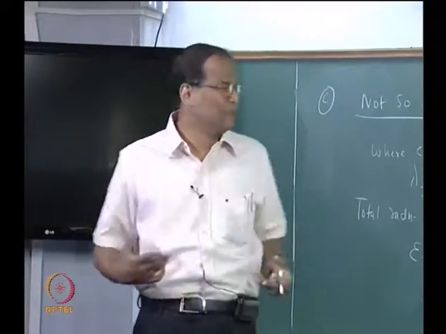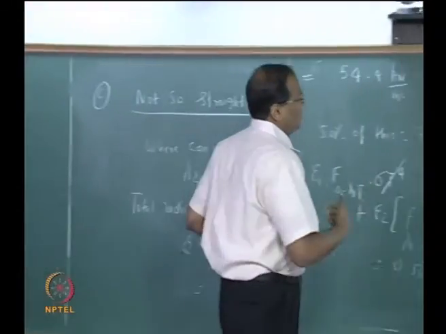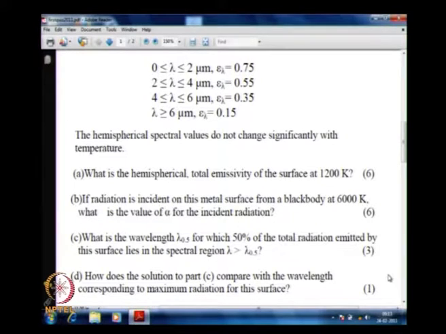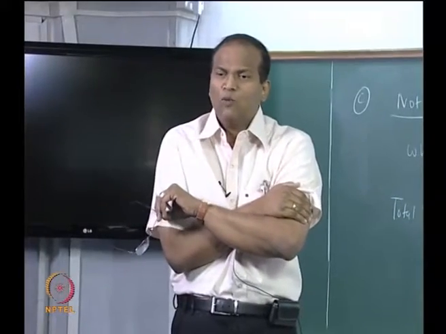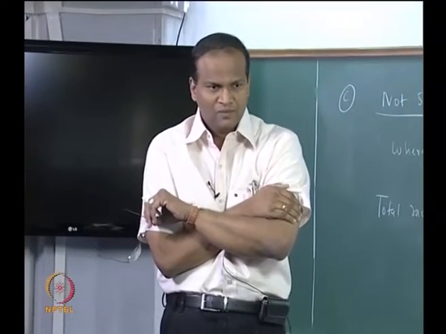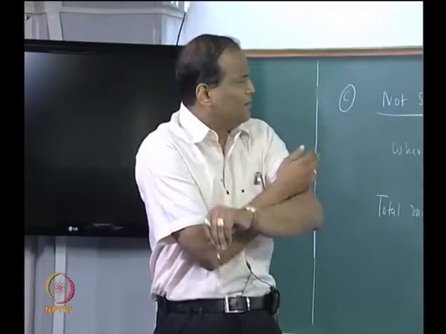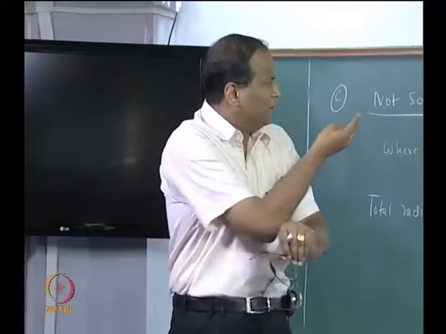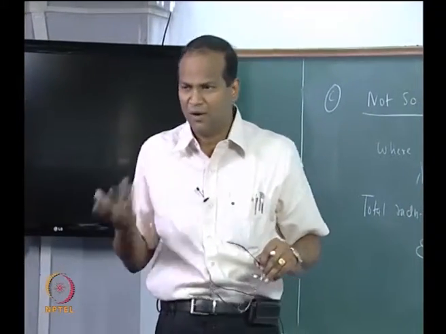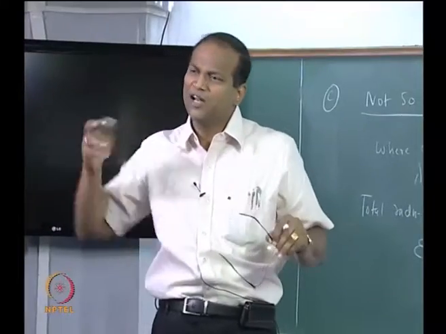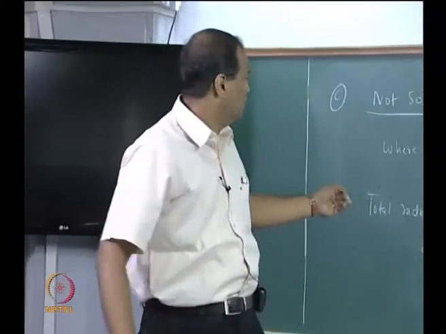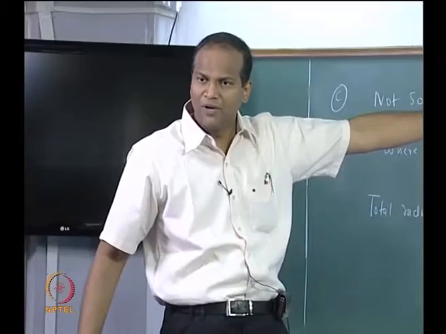It is reasonable because the temperature is 1200, and the displacement law gives lambda max T approximately 3000. 3000 by 1200 is 2.5, so it is peaking around 2.5. I expect that between 2 and 4 I can get this 50%. I may be wrong; if I don't get that, I will go to epsilon 2 or epsilon 3. Are you getting the point?